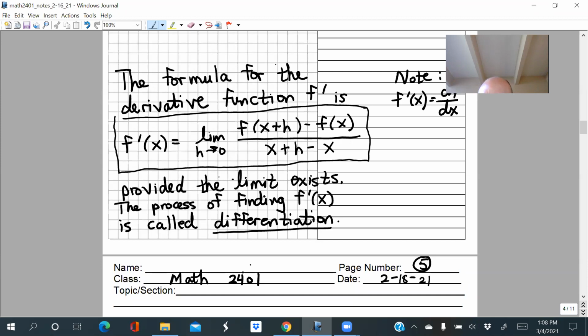Eventually I'll put those back up once the test is over, because I don't want you just looking at the sample test and then looking at the test. So they will return at some time.